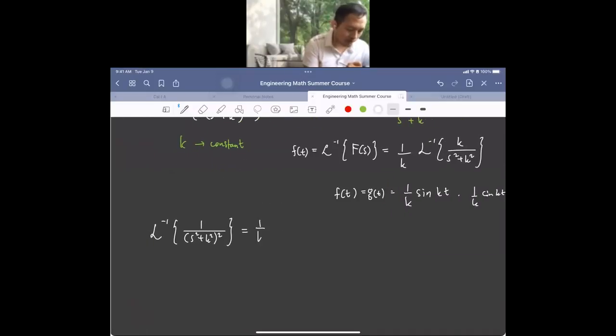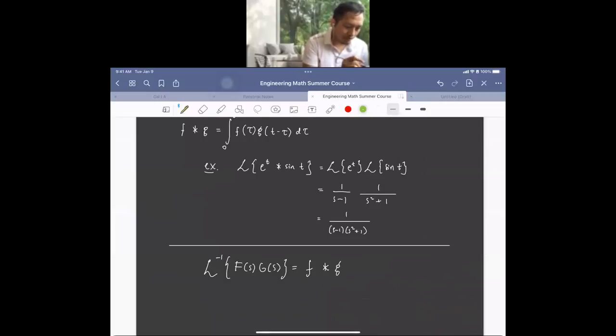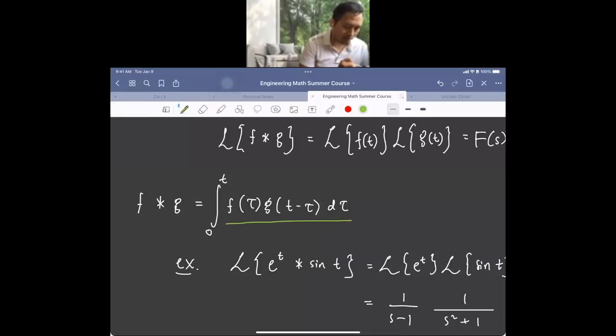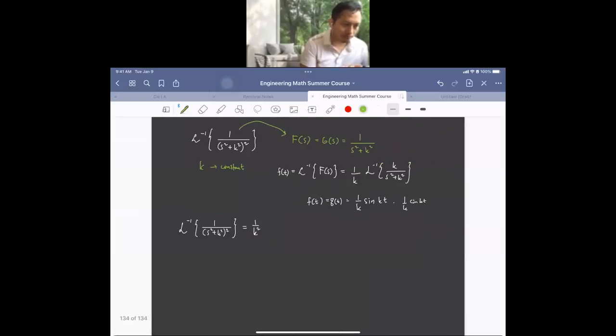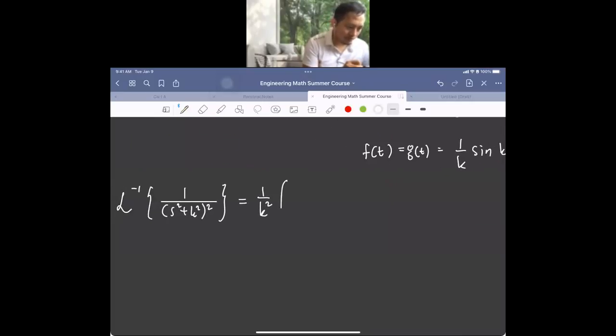So we will have 1 over k squared, and based on what we have in the convolutions, this is f, k tau with the dummy variable, and sine k(t minus tau) d tau.